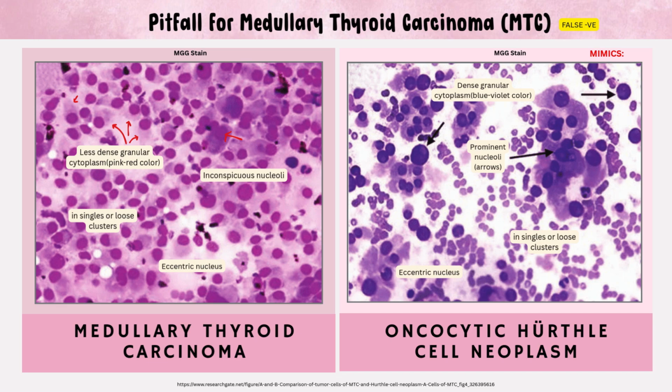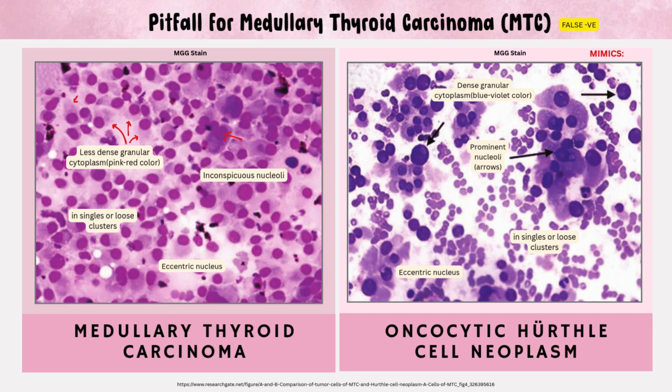Some overlapping features between both include eccentric nucleus, loose clusters, and granular cytoplasm that often lead to false negative diagnosis of MTC. To avoid this pitfall, we should also observe other features such as the presence of nucleoli and the color of granules in both cytoplasm.